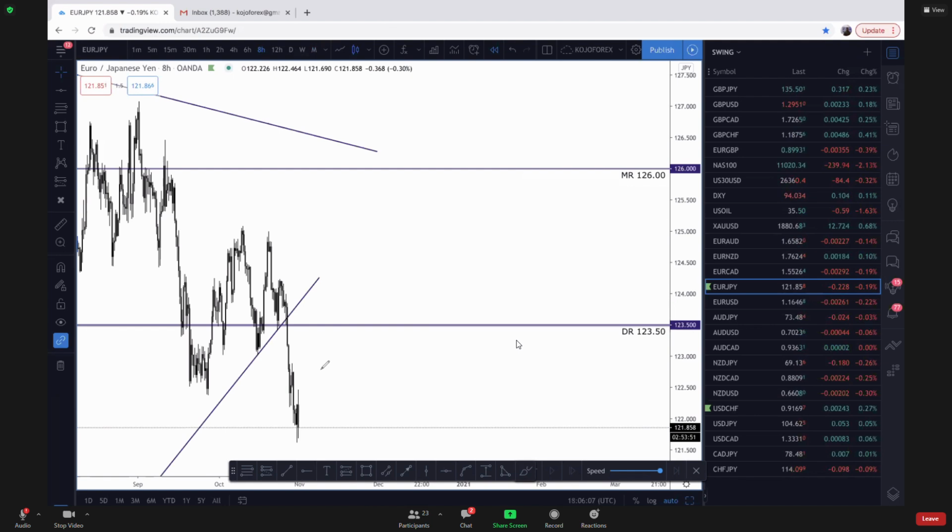The market could be going up, it pushes down a bit, goes up again, pushes down again, goes up, pushes down. Up, down, up, down.